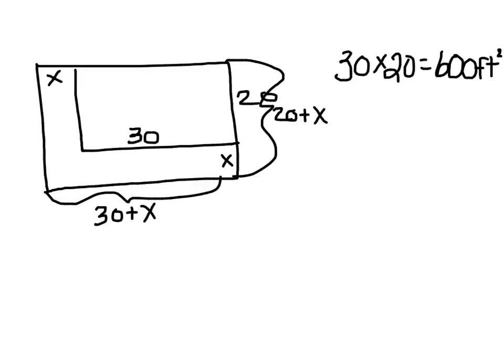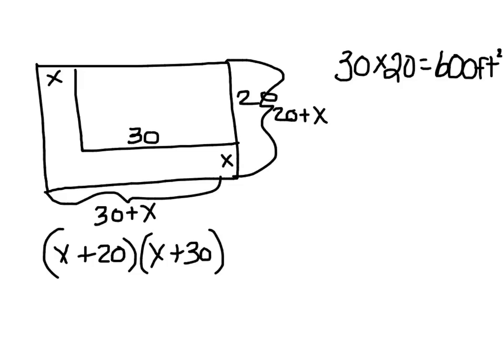So for that, if I went x plus 20 times x plus 30, that should equal how much square footage? In the reading, it said we want to add to it 464 feet. So does 464 go there? Or does 600 plus 464 go there? 600 plus 464, which is 1064. Bless you, Haley.